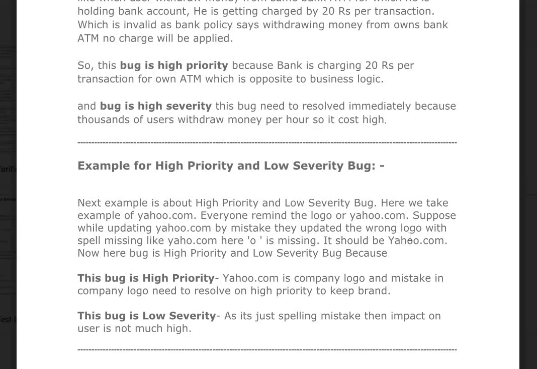What is that problem? There is one O which is missing. Exactly, YAHOO is the correct logo name of Yahoo, but it is mistakenly updated as YAHO.com.